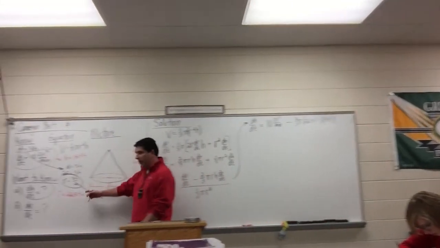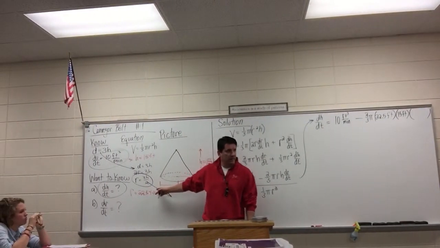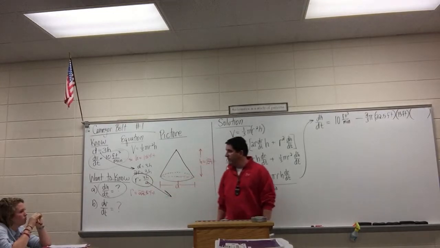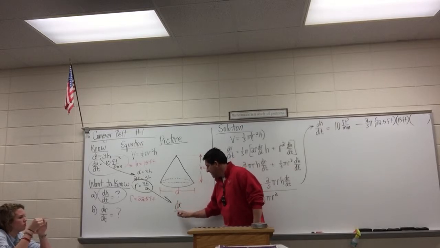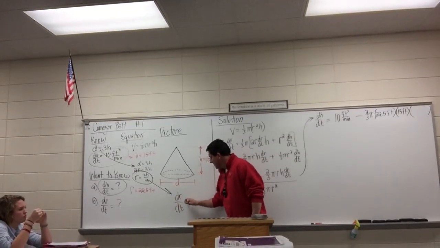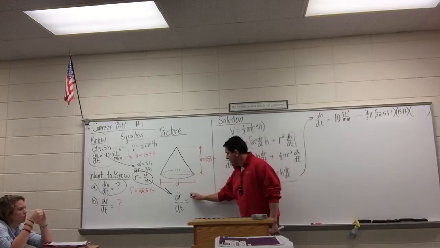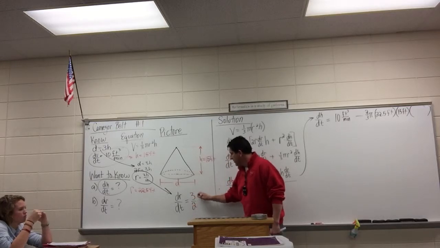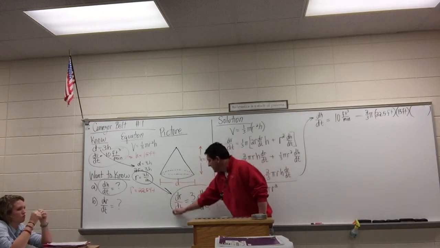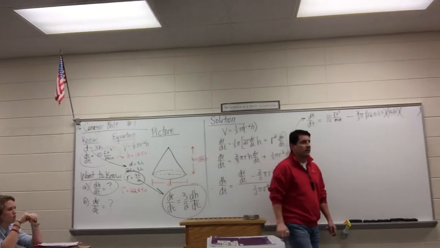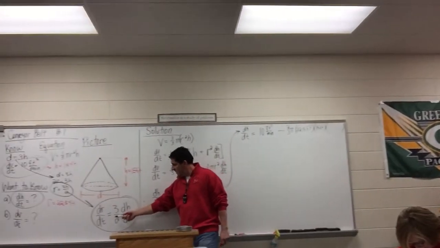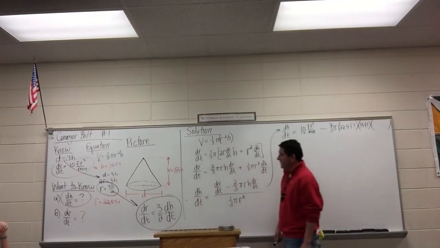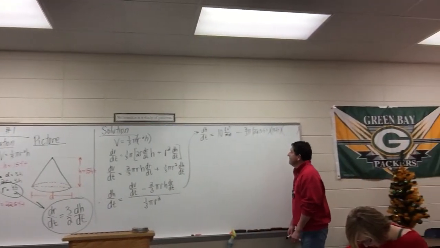Equations were born to be manipulated, so we can take the derivative of both sides. That means dr/dt is actually equal to 3 over 2 times dh/dt. That is, the rate that the radius is changing by is equal to 1.5 times the rate that the height is changing by.